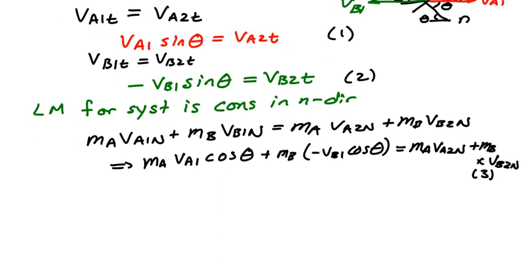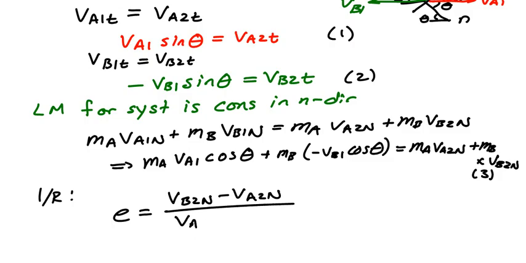And the equation I'm going to use here is the impact rule. And so if I use that impact rule, it tells me that e is going to equal, in this case, VB2 in the n minus VA2 in the n divided by VA1 in the n minus VB1 in the n.